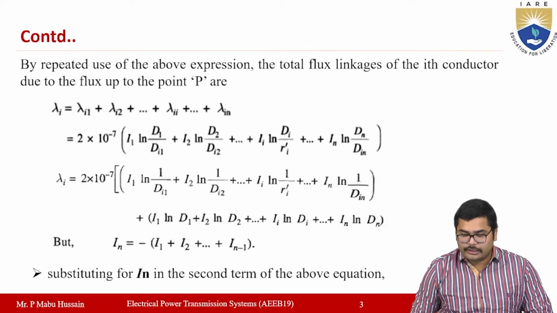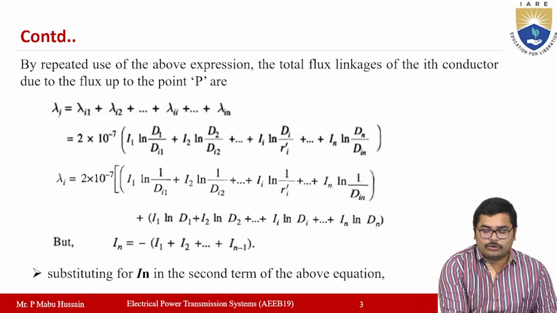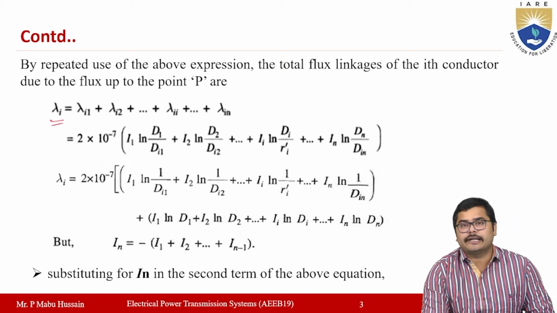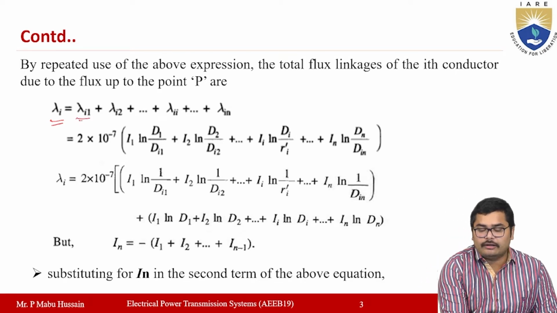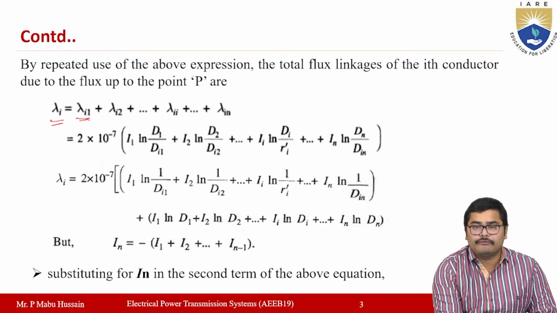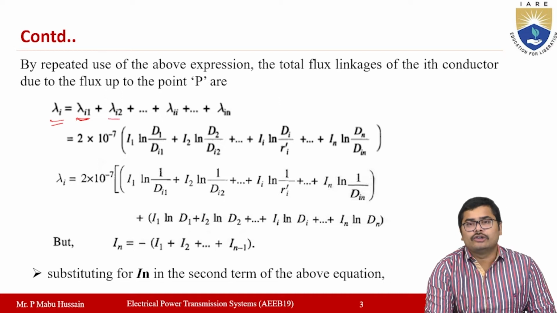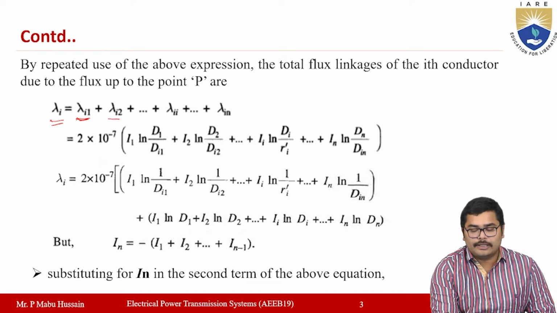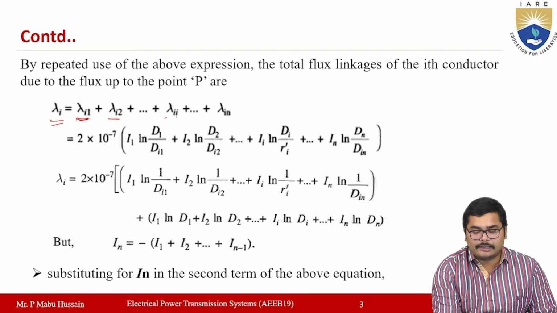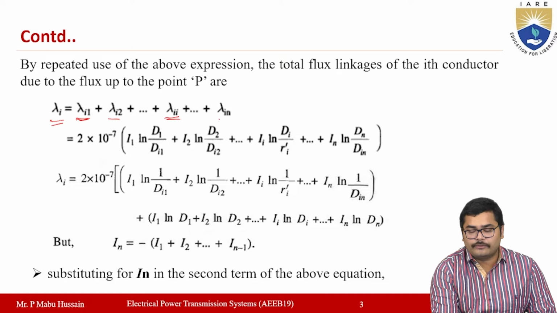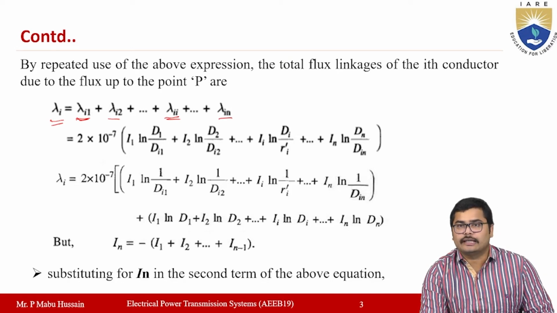Now if you write the total flux linkages of the ith conductor, represented as lambda i, this value will be equal to the flux linkages of conductor i due to current flowing in the first conductor, plus the flux linkages of the ith conductor due to current flowing in the second conductor, plus the flux linkages of the ith conductor due to current flowing in the same conductor i, and so on, plus the flux linkage of the ith conductor due to current flowing in the nth conductor.